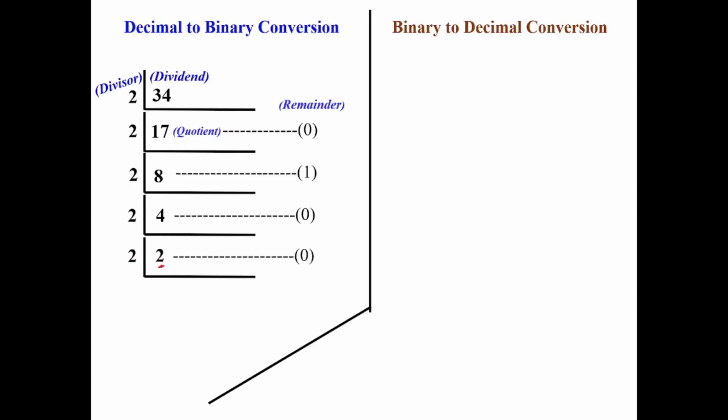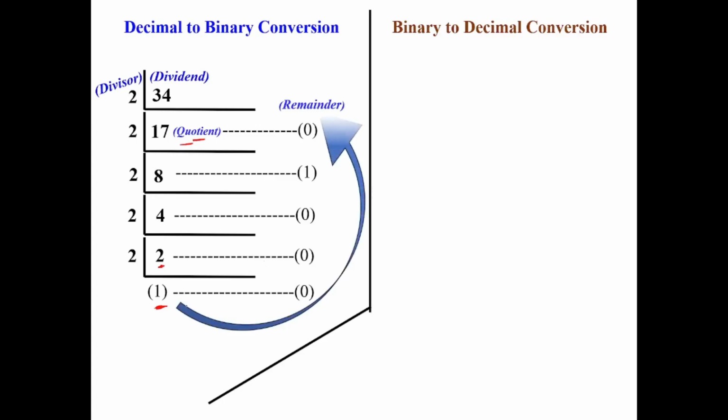Then again divided by 2, we get quotient 1 and remainder 0. Until the quotient is 1, we have to divide by 2 each time by this procedure. Then we consider the remainders from bottom to top. Each time we got either 0 or 1 as remainders. Finally we have to consider these remainders from bottom to top, like this.